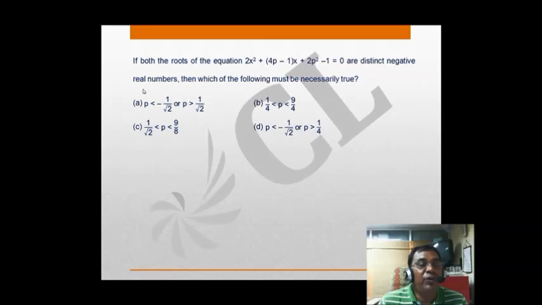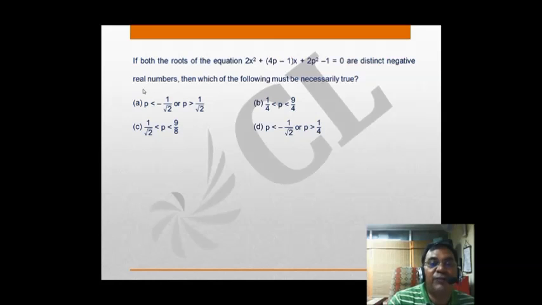If both the roots of the equation are distinct negative real numbers, then which of the following must be necessarily true? This is a standard question. Distinct negative numbers, but because they are real numbers, the b square minus 4ac has to be greater than 0.